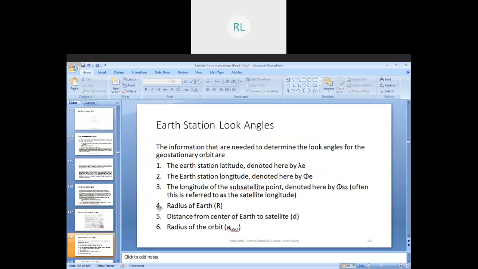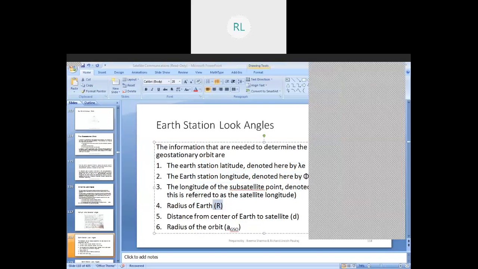So these are now some of the important parameters that you have to consider. The earth station latitude, which is denoted by lambda e, and the earth station longitude, which is denoted by phi e. Similarly we have the subsatellite point phi ss. The radius of the earth, which is constant, is denoted by r.